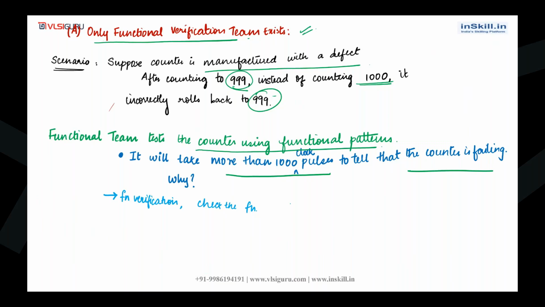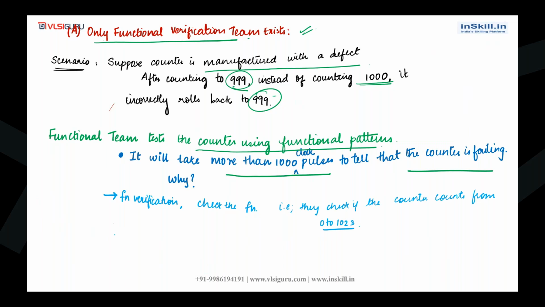So the functional verification engineer checks the functionality; in our case, they will check if the counter counts from 0 to 1023 properly.